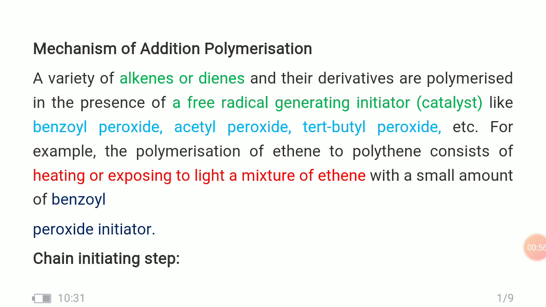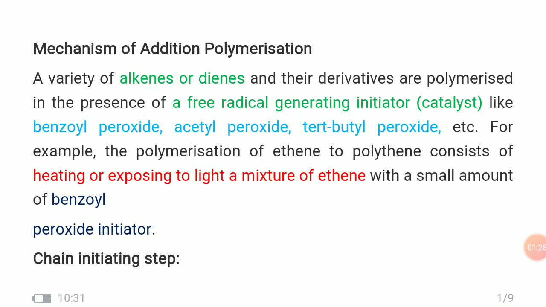Polymerization of ethene to polythene consists of heating or exposing to light a mixture of ethene with a small amount of benzoyl peroxide initiator.